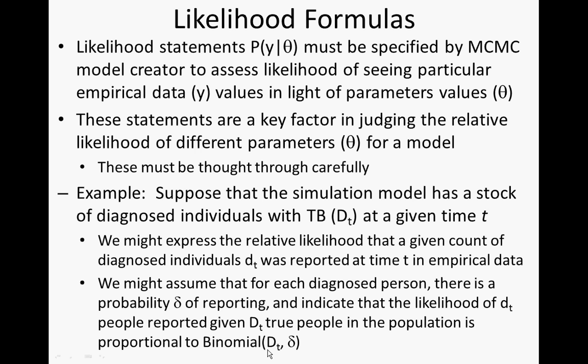Okay, so here we are assessing the likelihood that certain observed data occurred given underlying output from the simulation model and some probabilistic model parameter delta. This delta might be part of our theta space, for example. That might be something we wish to include in our model.